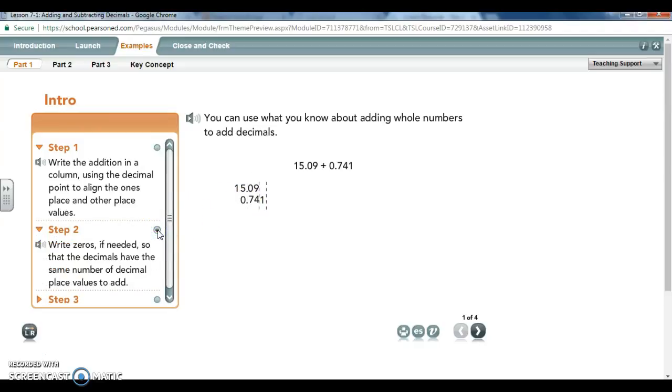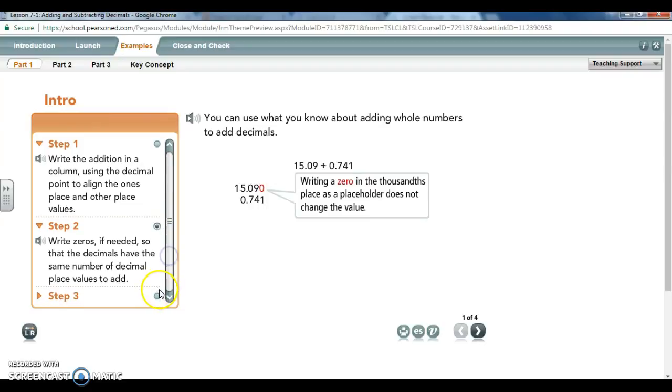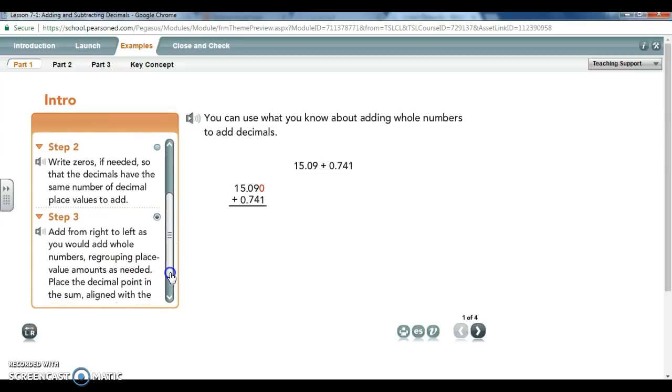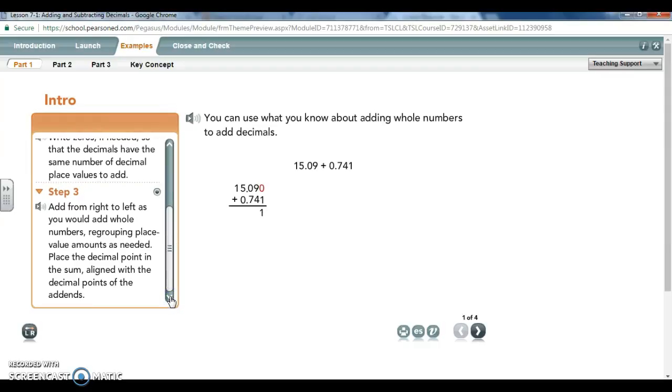There is a blank space in the thousandths place of the first number. Writing a 0 in the thousandths place as a placeholder does not change the value. Start at the right. 0 plus 1 equals 1.